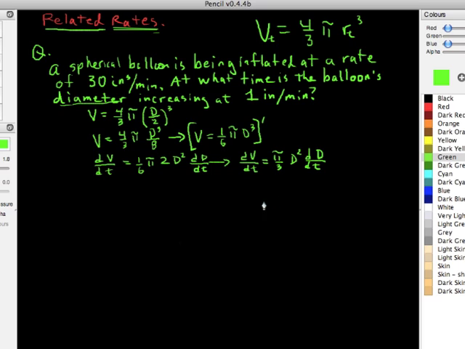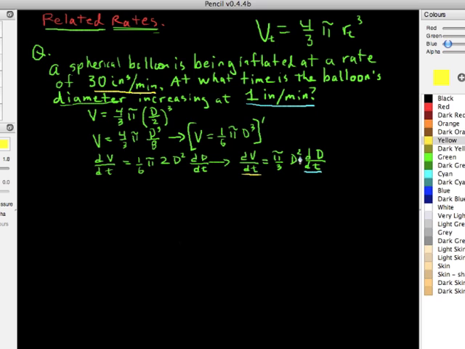Well, let's see what we have up here. We have the rate the volume is changing, and we have the rate that the diameter should be increasing.